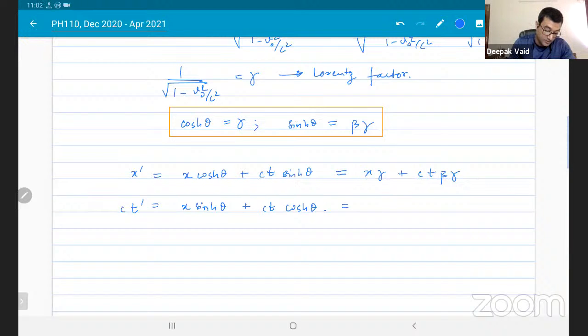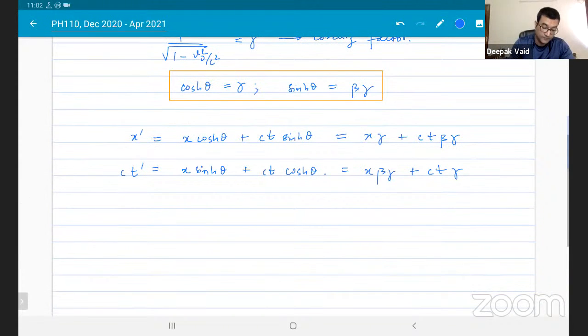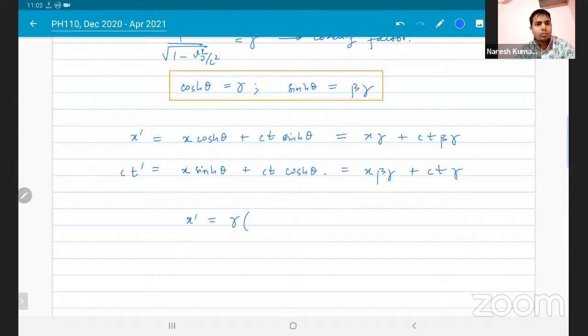And this becomes X times beta gamma plus Ct times gamma. And this is exactly the same as the form that I showed you. Instead of beta, if you write minus beta, what will happen? So if you look at the first expression, x prime is equal to, first of all, gamma is common here. So I can write this as gamma times x plus beta times c times t.